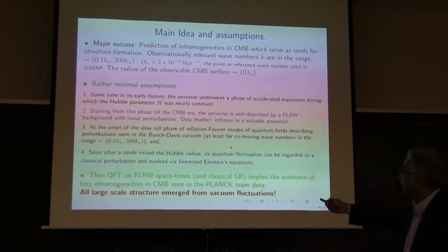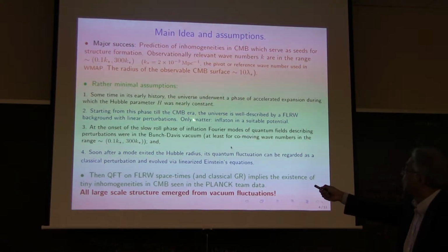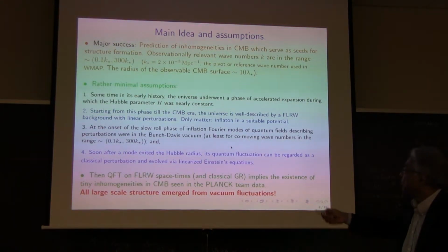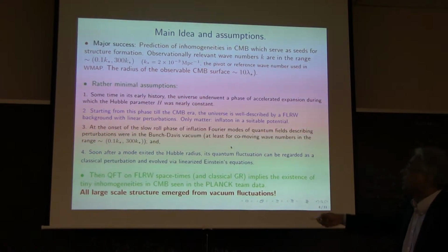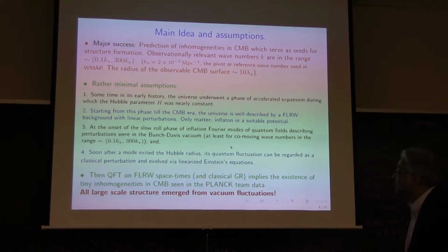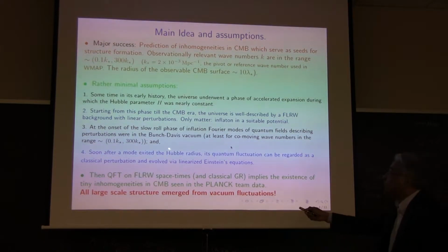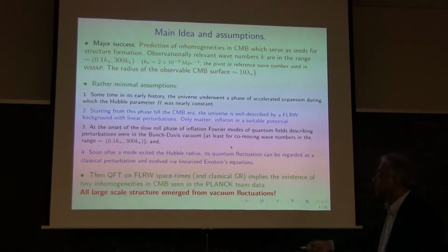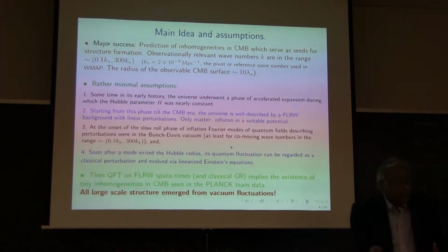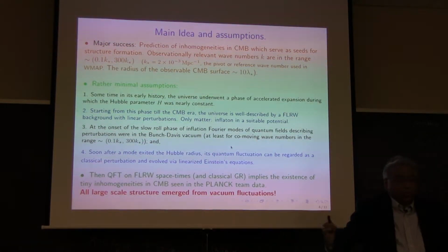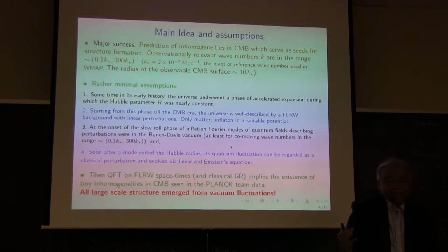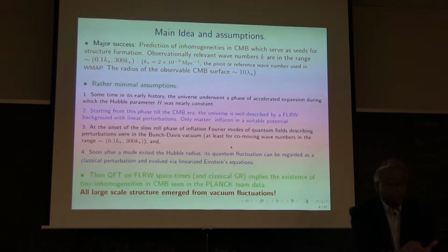During inflation, not after, the only matter field is the inflaton in a suitable potential. At the onset of slow roll, the modes relevant to us are in the Bunch-Davies vacuum. In other words, we're not making an assumption about the entire quantum state, we're only making an assumption about the quantum state as it refers to some modes.